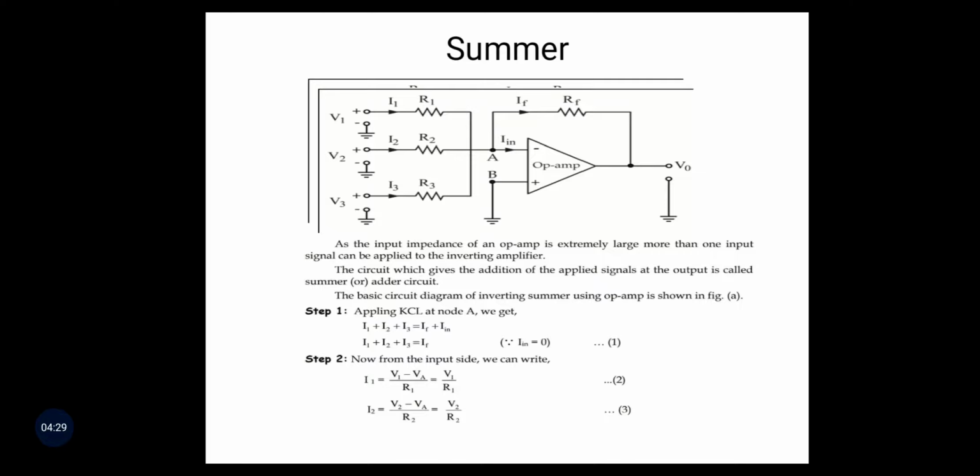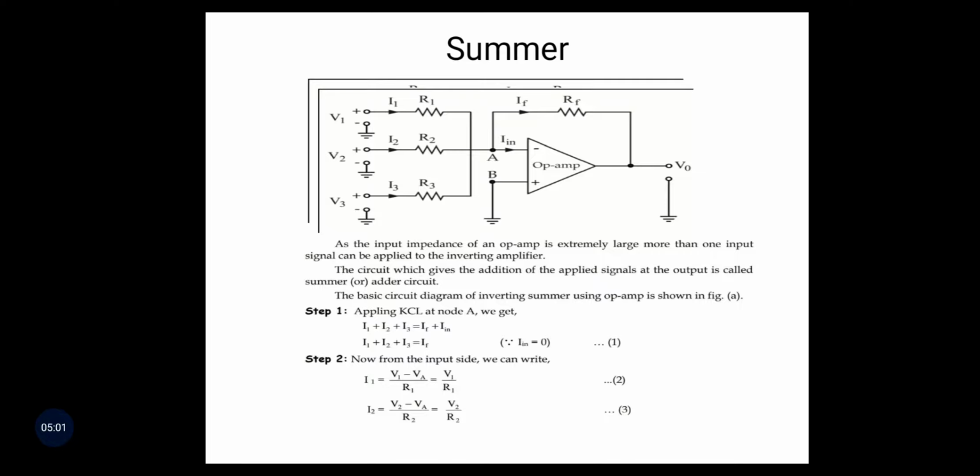Now from the input side, we apply simple Ohm's law. I1 equals (V1 minus VA) by R1. Since VA equals VB, and VB equals 0, VA equals 0.